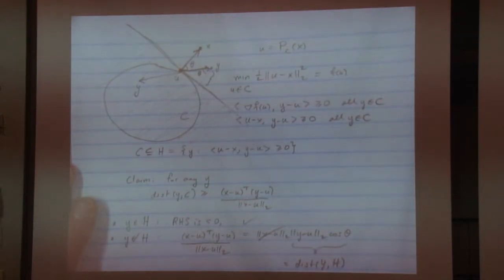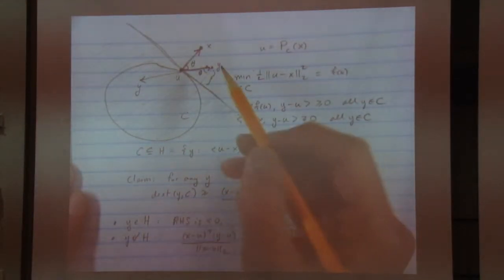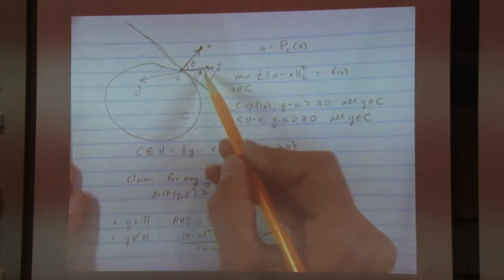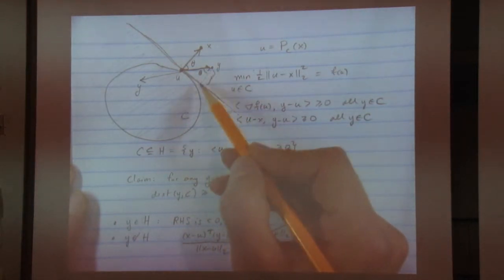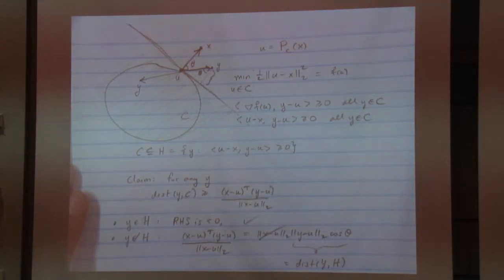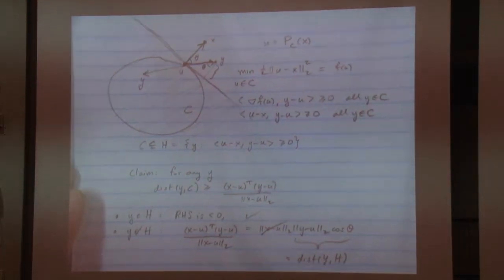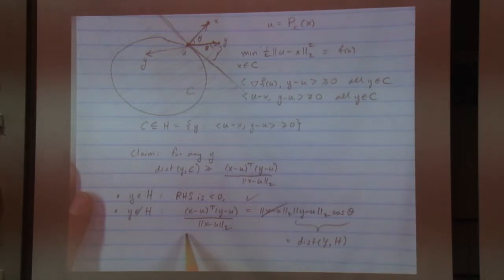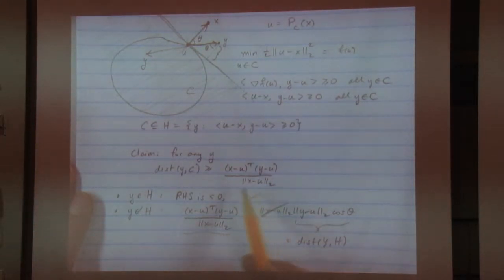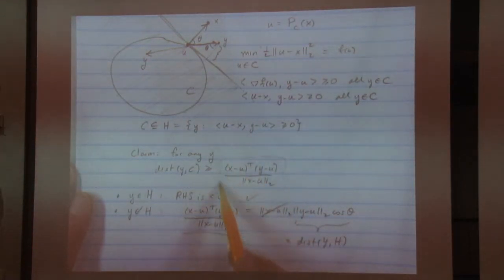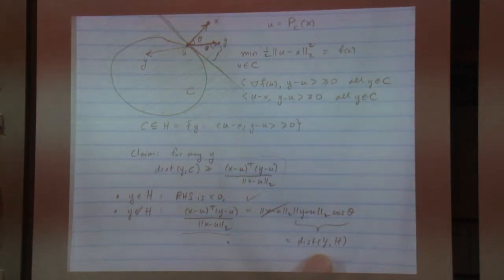You guys can all see that. And so what's the norm of y minus u times the cosine of theta? It's just the distance between y and the half space. So now we've shown that this quantity, which is the mysterious quantity I had on the right-hand side, is actually explicitly the distance between y and the half space.